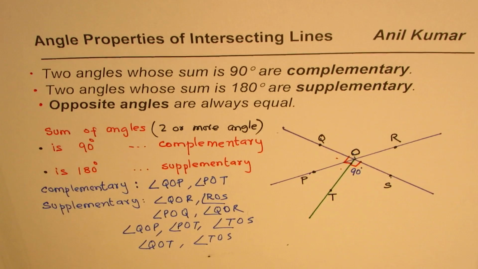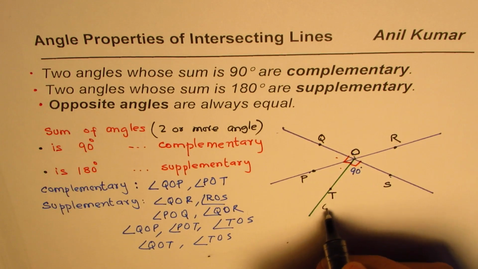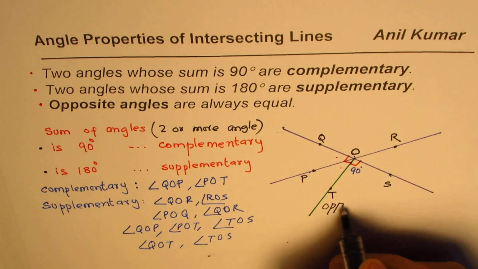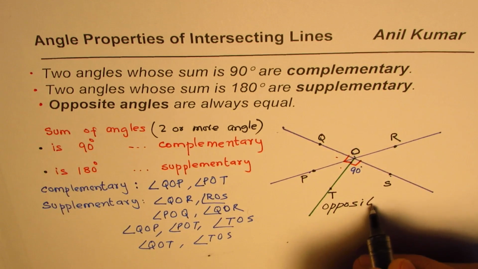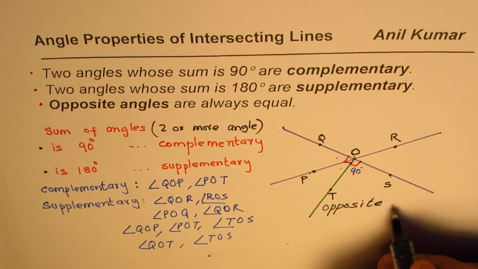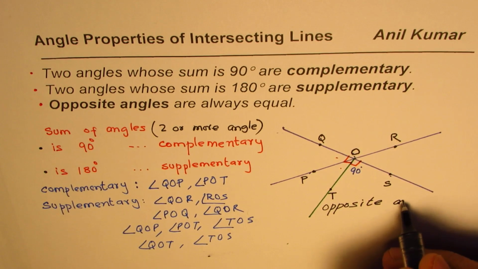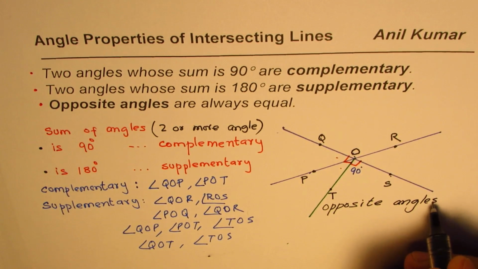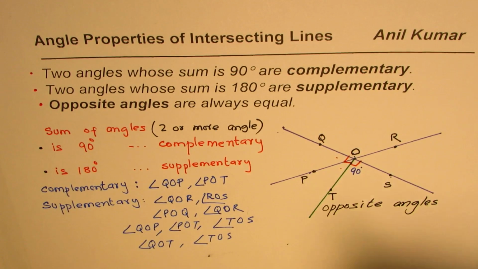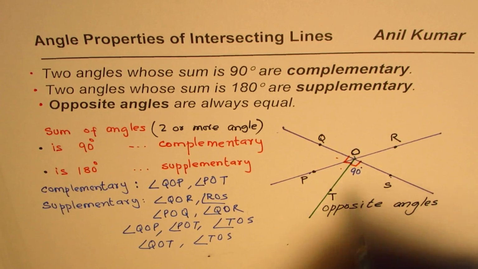Now, the question for you is, find the opposite angles. So let's figure out where are the opposite angles. Remember, opposite angles are always equal, okay? So let's find out opposite angles here. Let me mark this with this color, opposite angles.